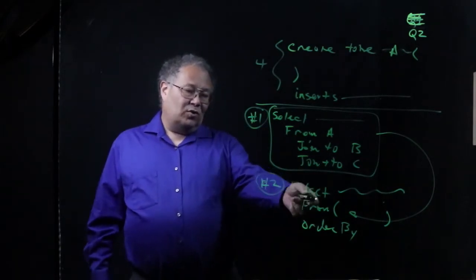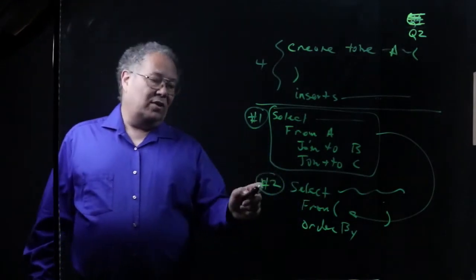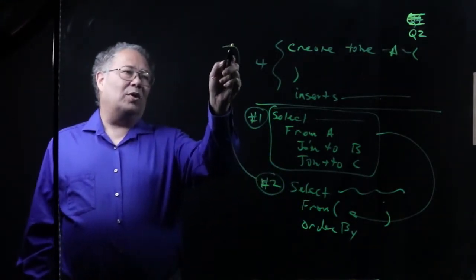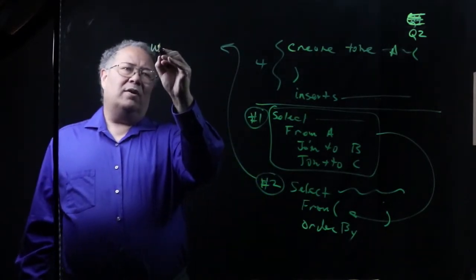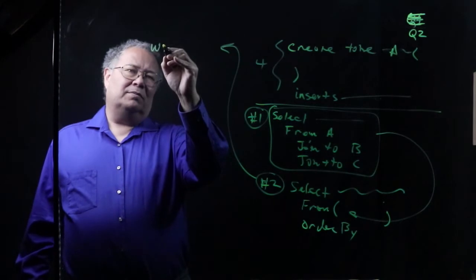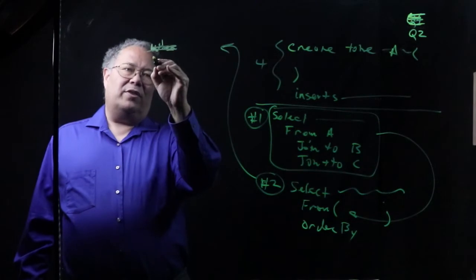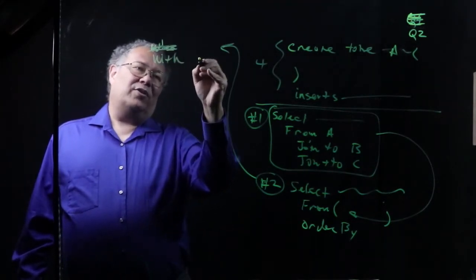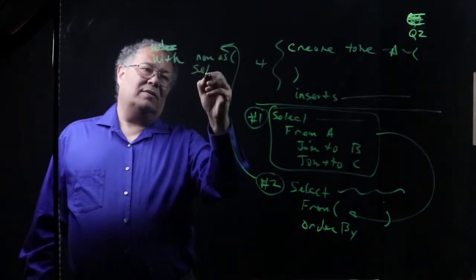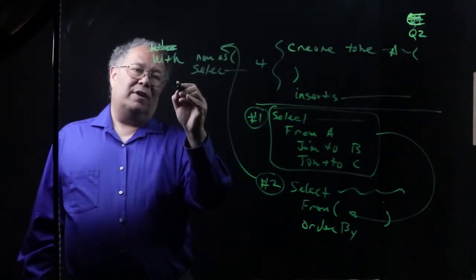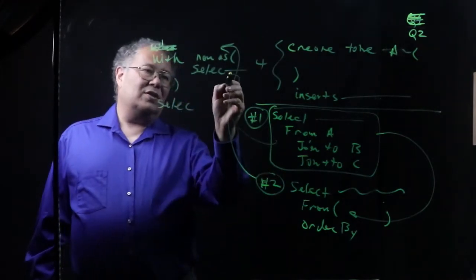Now there's a couple ways you can do this. You can do this kind of thing, or the other alternative that I'm pretty certain works for this is you could say with some name as select some stuff, and then you do select, and this select comes up here.